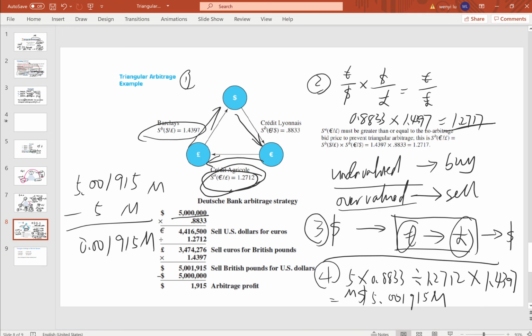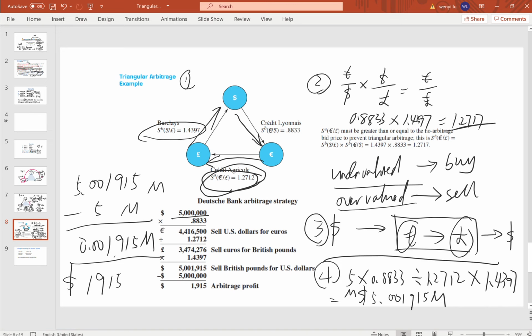Because we have so many different currencies in this course, we don't know what the value of this amount should be. So this should be in dollars, should be what? $1,915. So that's how to solve it.